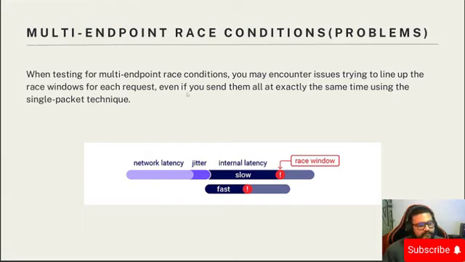What they are saying is, I have given the example of checkout. Checkout may take a long time, maybe less time. It depends. And if you are adding some other item and try to perform a race, then it might not line up with the race window. Sometimes we face problems.